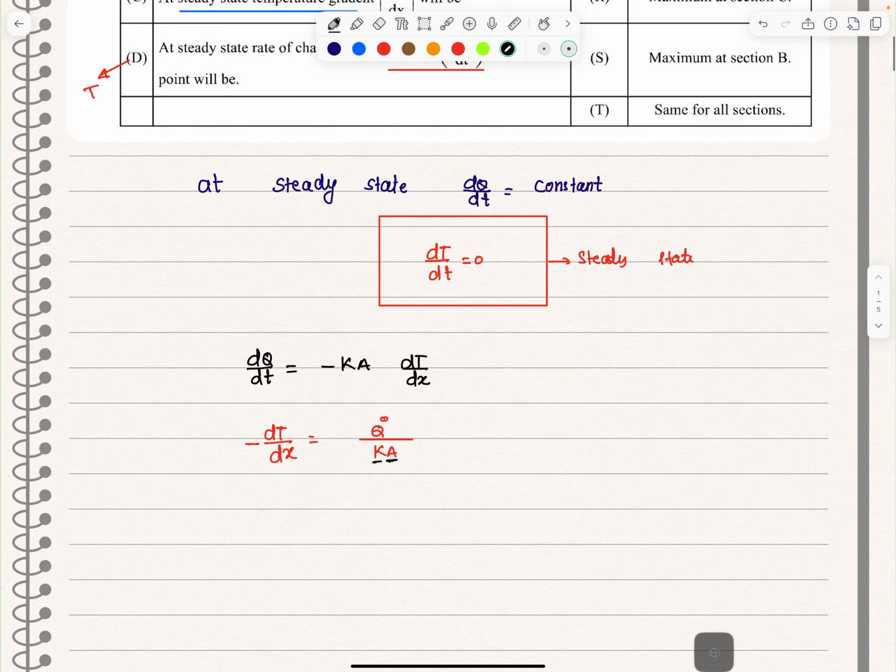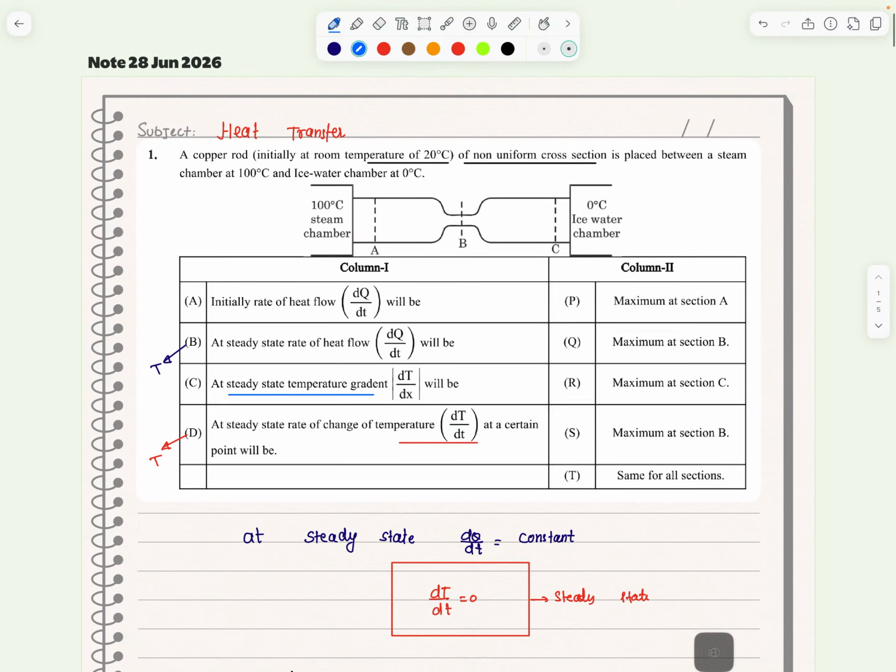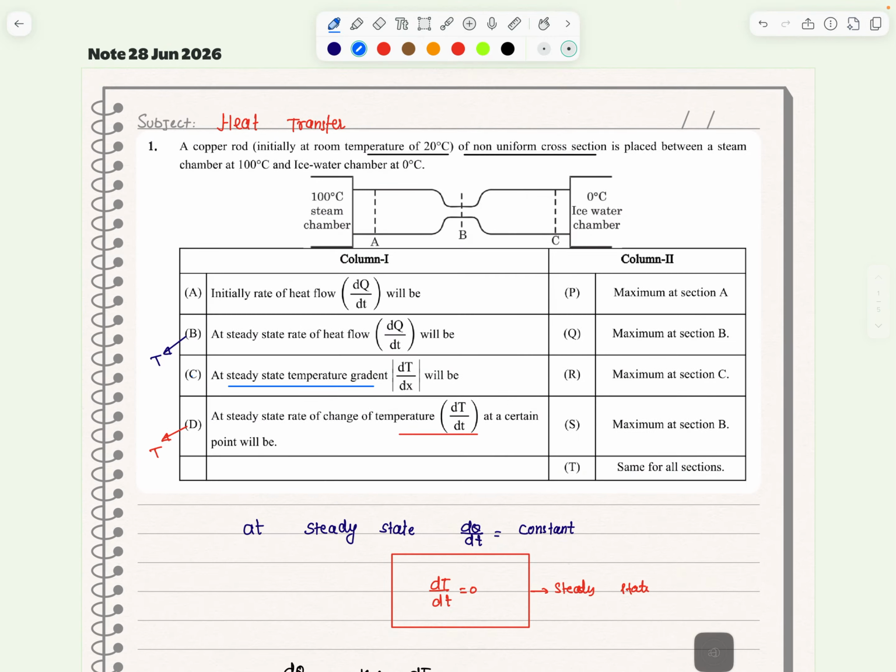Wherever area is minimum, at that point the temperature gradient, minus dT by dx, will be basically maximum. At section B area is minimum, so temperature gradient will be maximum at section B. So C's answer should be Q.